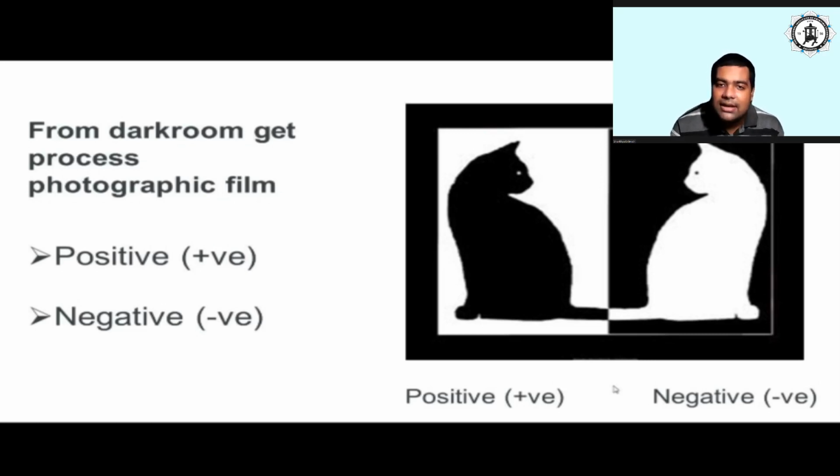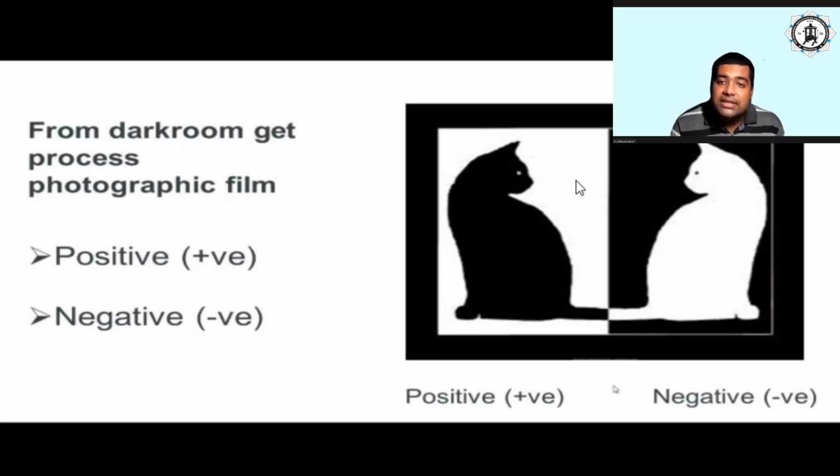So now you understand why this is known as the negative, because the silver deposition has been obtained in the non-image area. That means these dark areas in this particular image are the non-image areas in the negative. So naturally, just the reverse will happen in the positive. That means the metallic silver deposition after development will occur in the image area, and the non-image area will be devoid of any silver deposition.